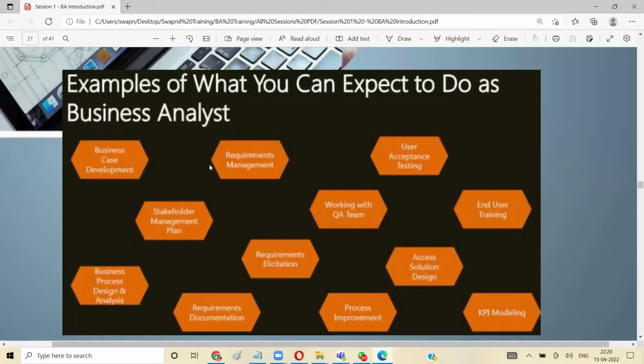Finally, it's called KPI modeling, key performance indicator. Now, how do you define the success of any project? How do you define the success of this training? You will define it by the method I told you. You look at the job descriptions, maybe 20-30, based on what you want to learn, and you see how much of them you are comfortable with now.